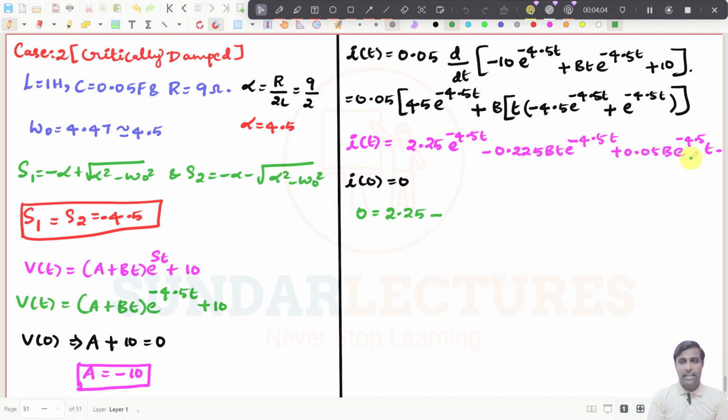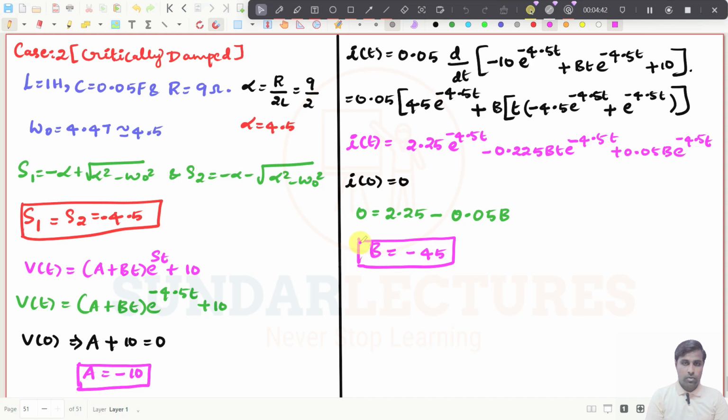So obviously you will get this term, and in this term, the t is actually the 4.5 t, right? So now this value will be 1, so it will be 0.05 b. I'm getting like this. And if you further simplify this, b value comes out to be, b is equal to minus 45. That's all.